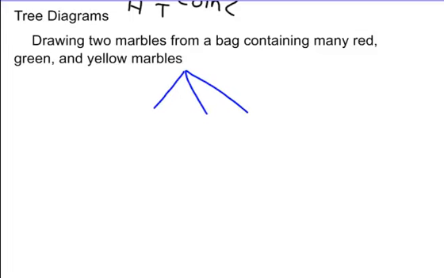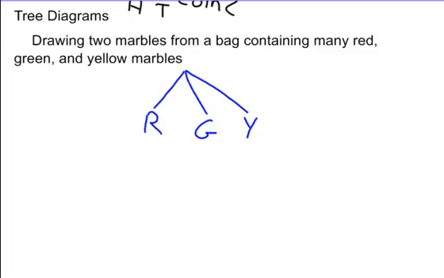We could draw a red, we could draw a green, or a yellow marble right off the bat. We don't know how many there are, so we can't list the probability of what each one would be. But we know that there are 3 different types of outcomes that we could have.